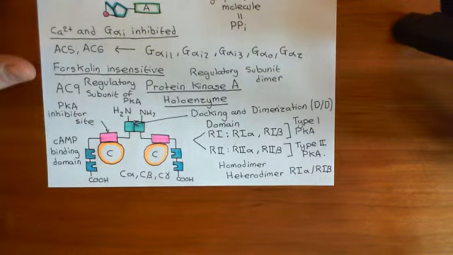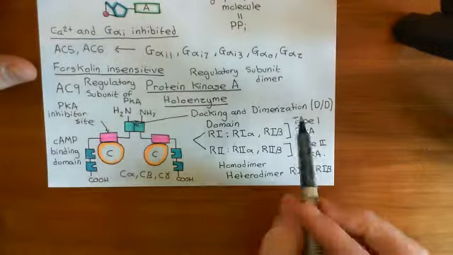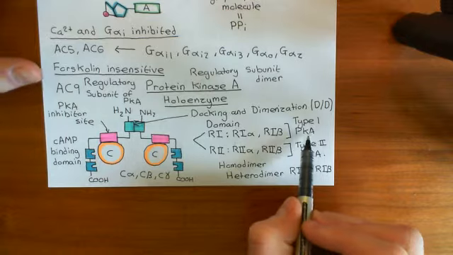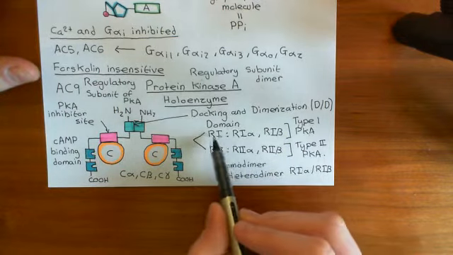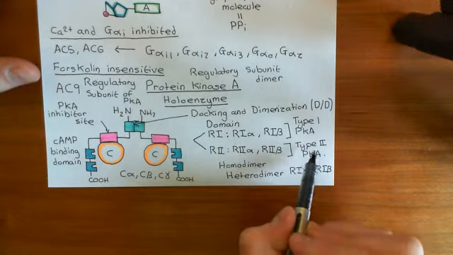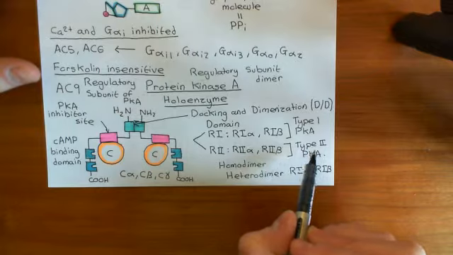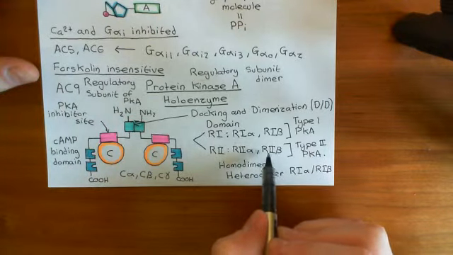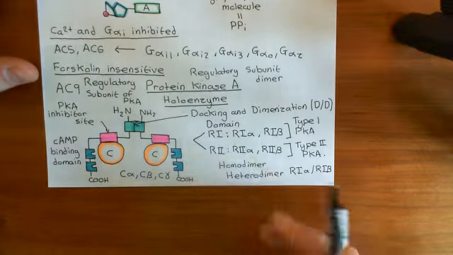Okay, we'll discuss the activation in a moment, but firstly I want to discuss the significance of this distinction between type 1 protein kinase A holoenzymes, in which the regulatory subunit dimer is made out of type 1 regulatory subunits, and then also type 2 protein kinase A holoenzymes, in which the regulatory subunits are made out of type 2 regulatory subunits.